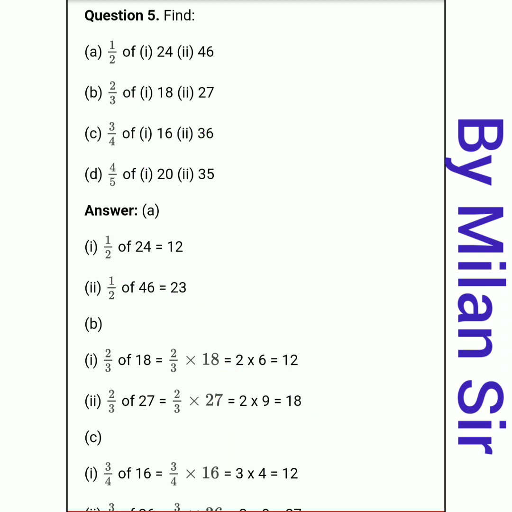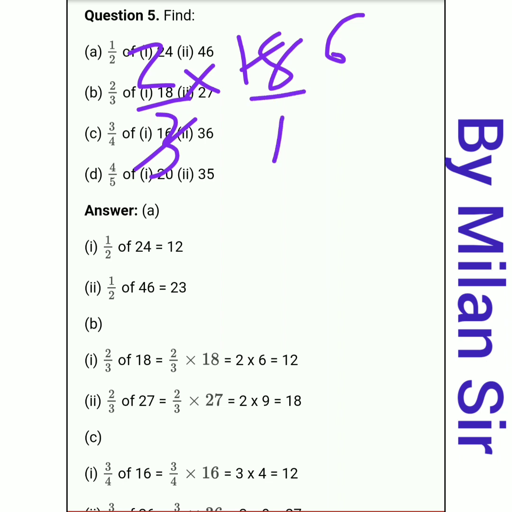Okay, next question B, and internally question number first. So 2 by 3 of 18. In place of "of" we need to put multiplication sign, right? So 2 by 3 multiply 18. Now here we can cut it. That means 3 6s are 18, and nothing is present in the denominator, so we can write 1.